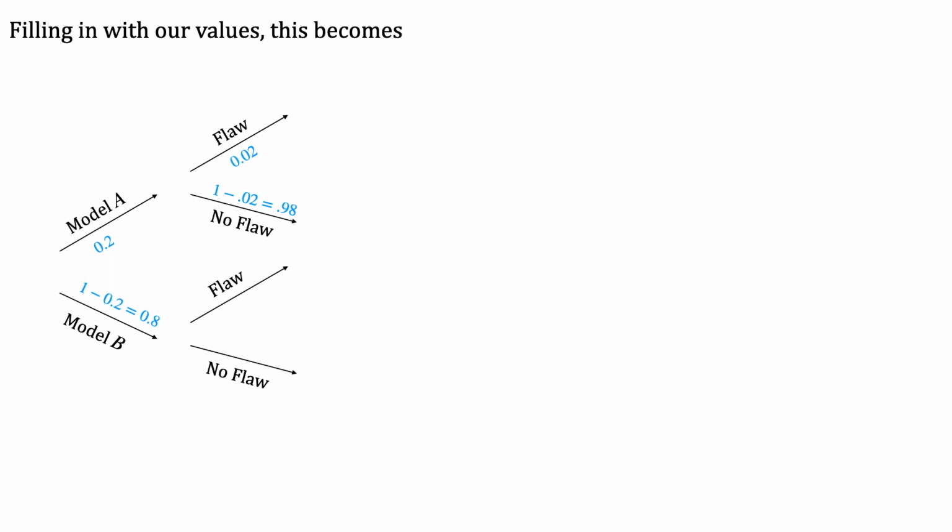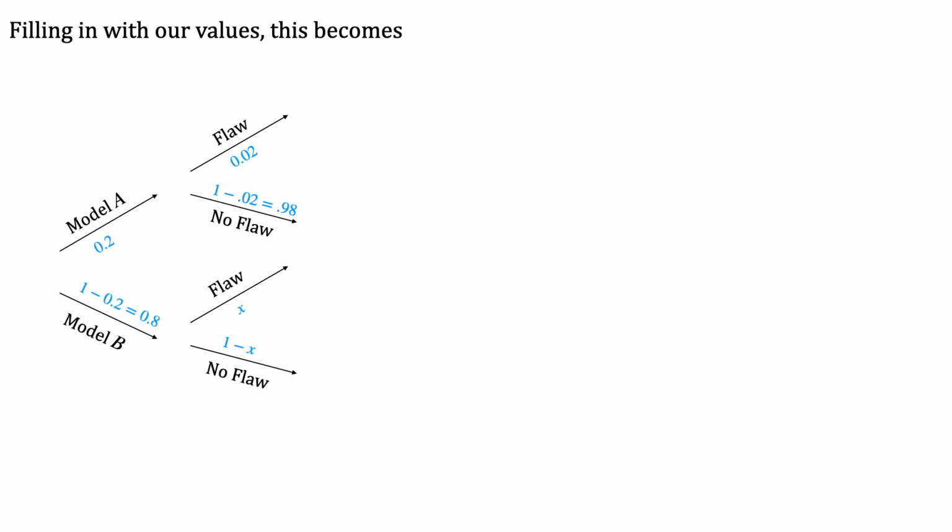Now, the probability of flaw given Model B, that's what we're trying to figure out. That's what the question is asking us. So we give that a variable name, we'll call it x. If the top branch there is x, then the no flaw branch must be 1 minus x.